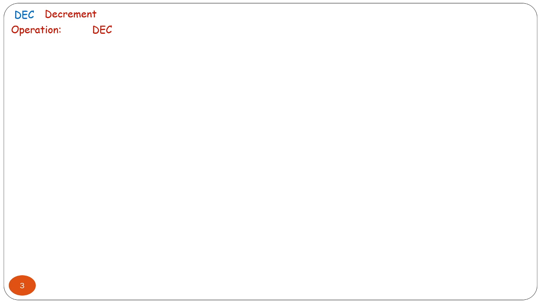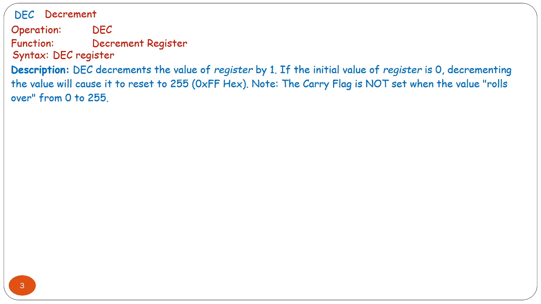Instruction decrement, DEC. Function: decrement register. Syntax: DEC register. Description: decrement the value of register by 1.